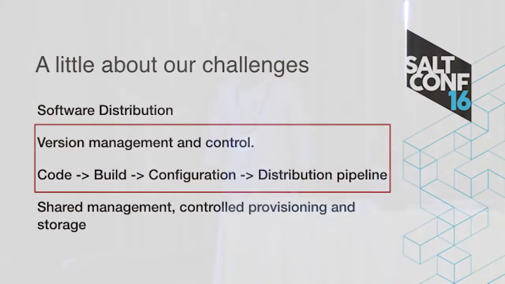Right? So a little bit about the challenges we came across. We had a lot of trouble with software distribution in Windows. You know, we run a lot of stuff there. We had problems with version control and management, making sure that the software that we wanted was going to all the Windows servers.